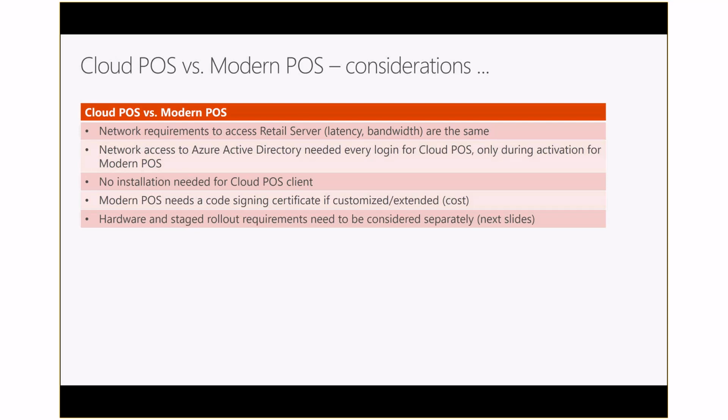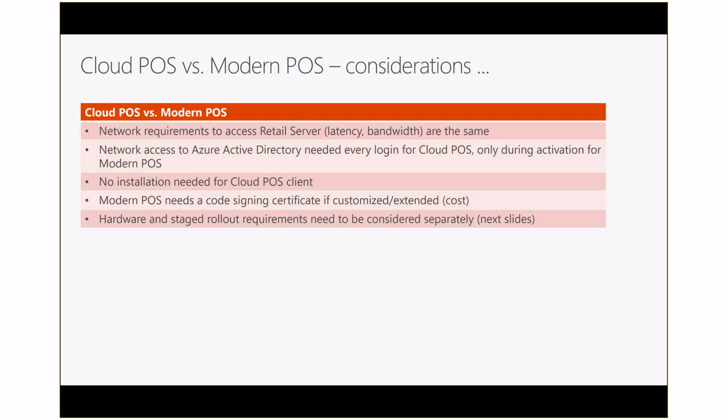Modern POS is a little different. Modern POS only needs access to Azure Active Directory during activation, and post-activation we're actually using a device token, which is a secret that is communicated between Modern POS and the retail server. So Azure access would not necessarily be required after the activation.